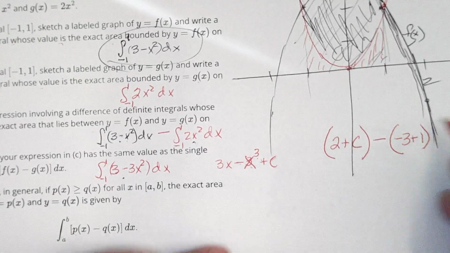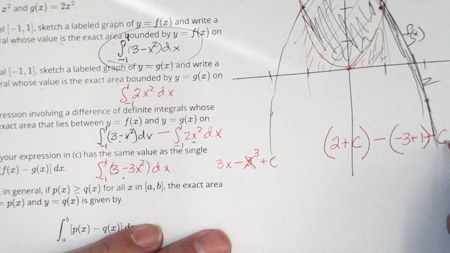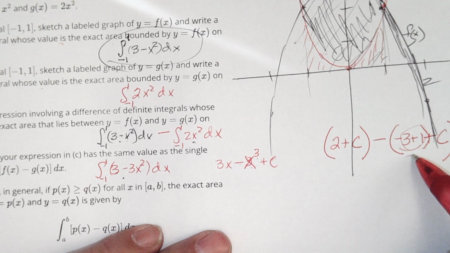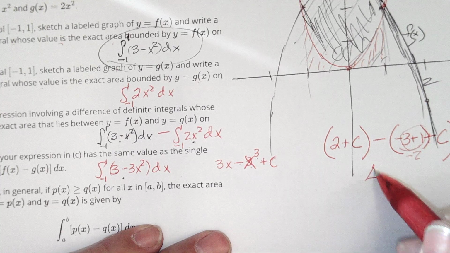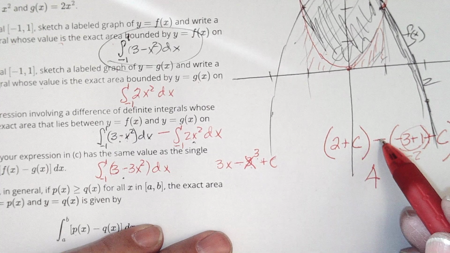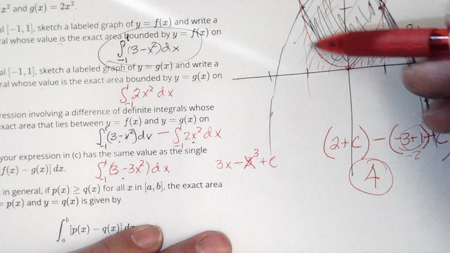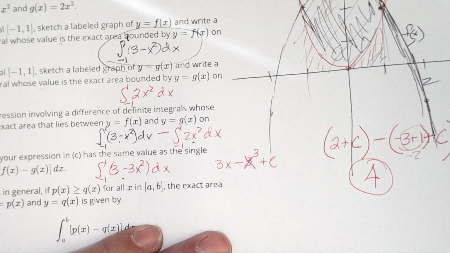So, and plus c. And so this is -2, and we got 2 minus a -2, which is 4, and c minus c is 0, so it's saying the area between them should be 4.